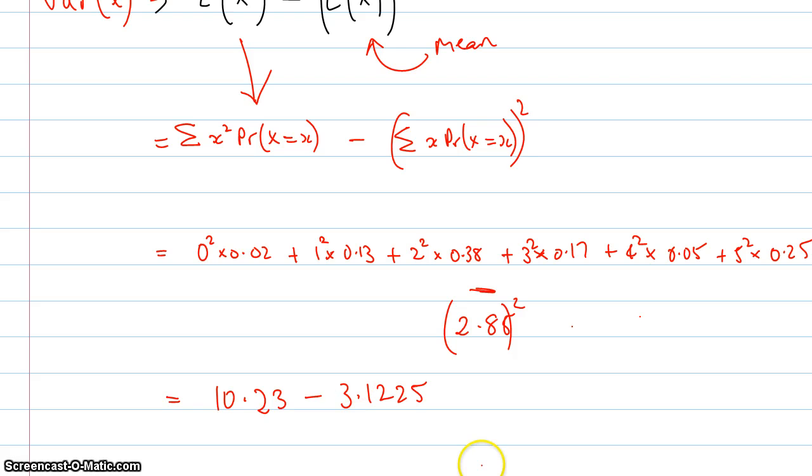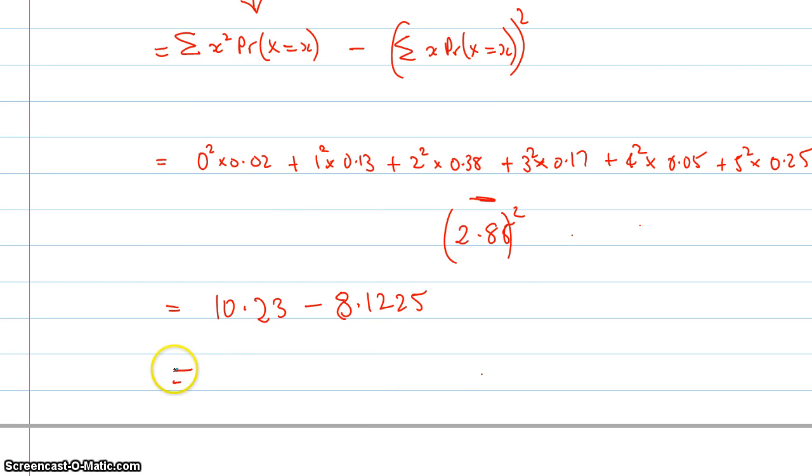Oh, did I say 3.1225? I meant 8.1225. Yeah, that makes more sense if you square something close to 3. And I end up getting my variance to be 2.1075.